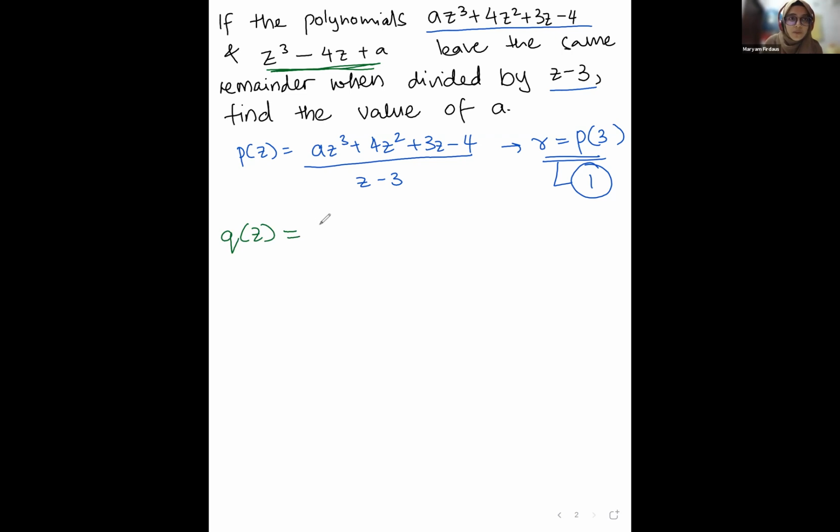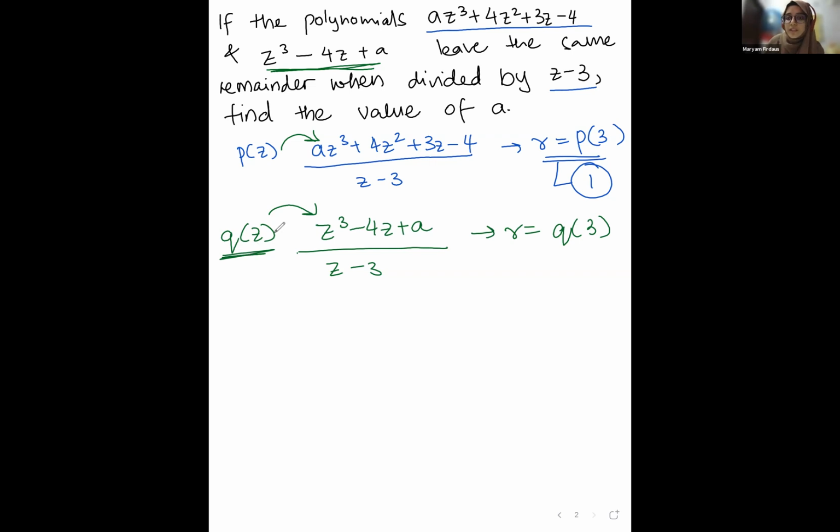So Q of Z is Z cube minus 4Z plus A. This is my P of Z, this is my Q of Z. Now I'm dividing this by Z minus 3, then the remainder is going to be Q of 3, right? Yes, ma'am, because we're dividing Q of Z. Are you sure that's clear?